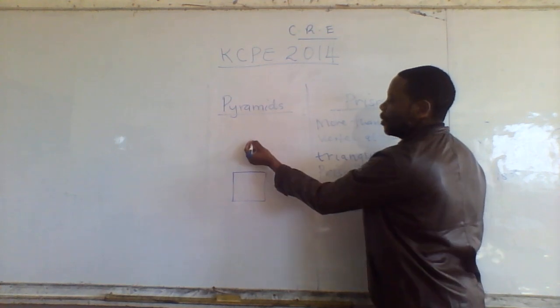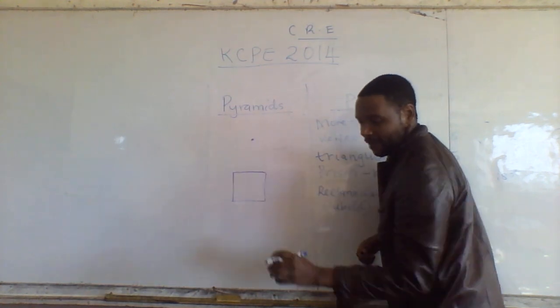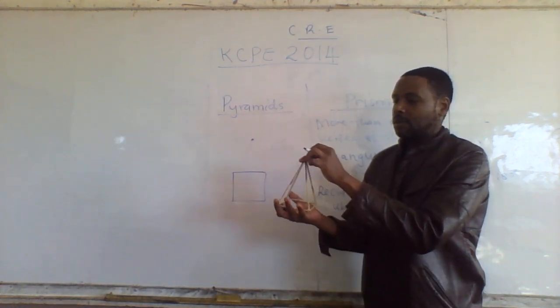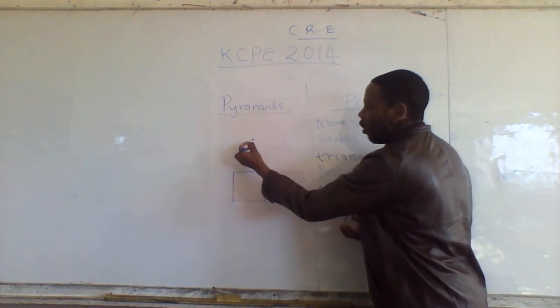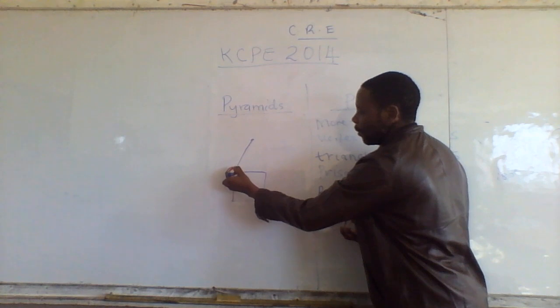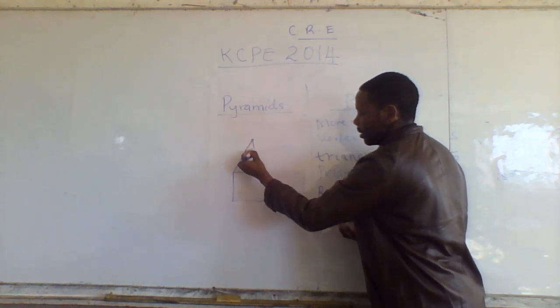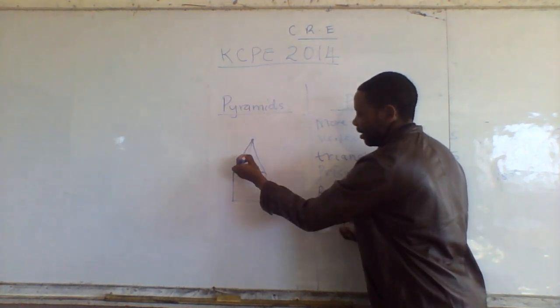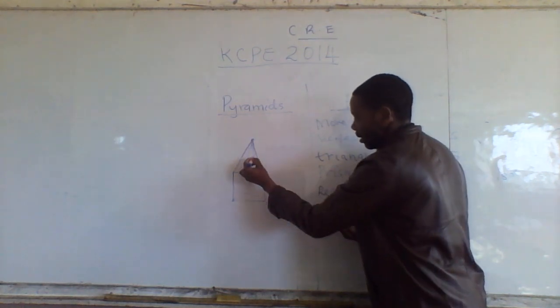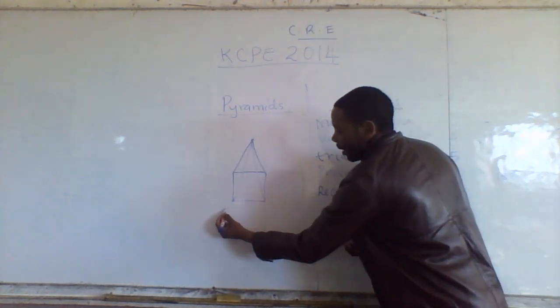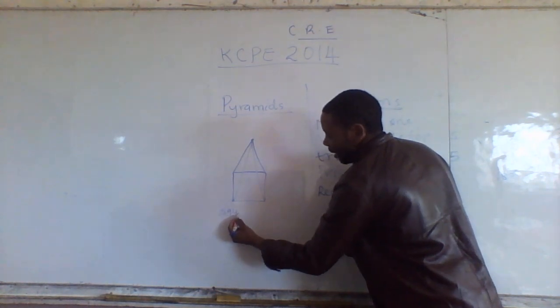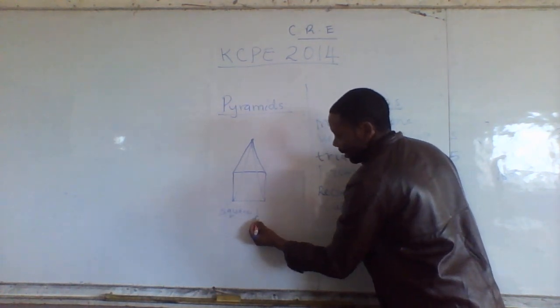And then I put a dot which represents the vertex at the top. Then after I finish that, I join all the points of intersection like this, and I form my square based pyramid.